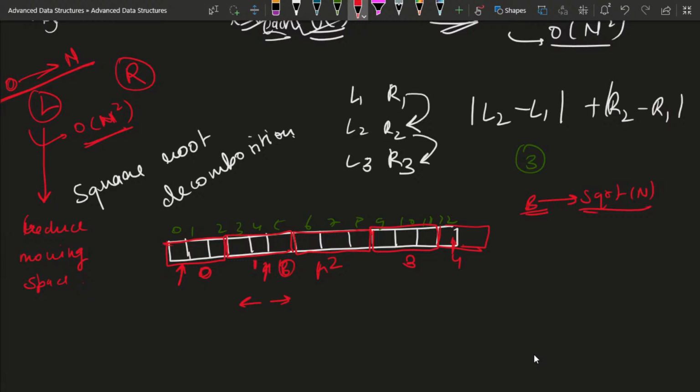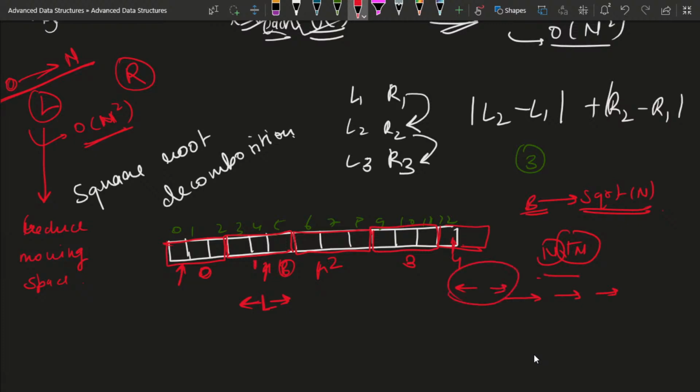Now suppose I am confining my search space in such a way that my L moves only within this particular chunk. Then I would be able to achieve n root n time: n for each right end and root n, because the left end can move only in a single chunk.